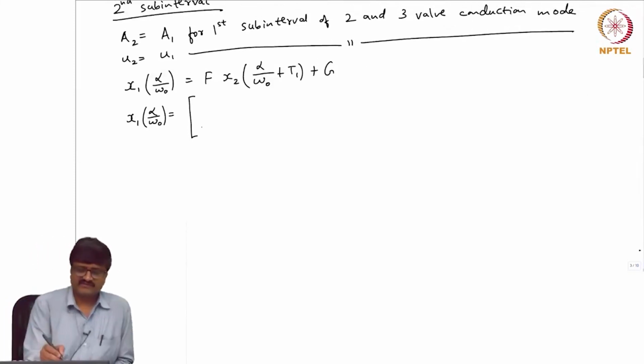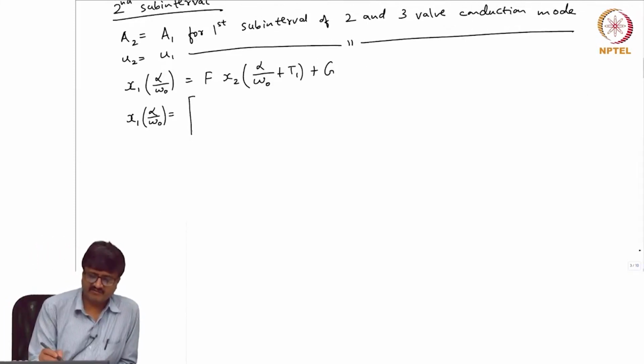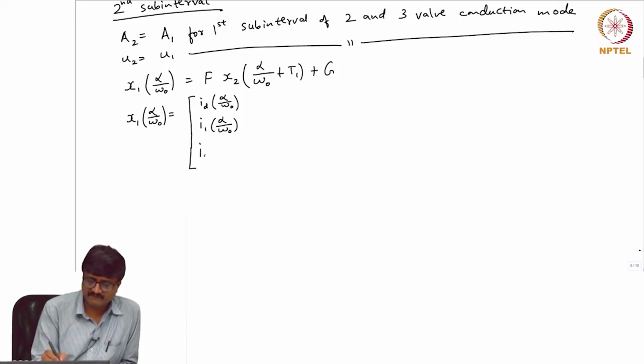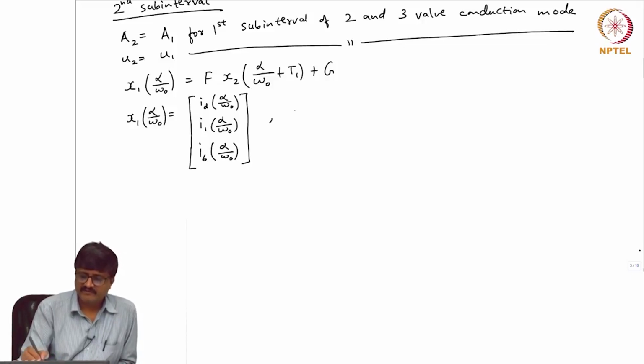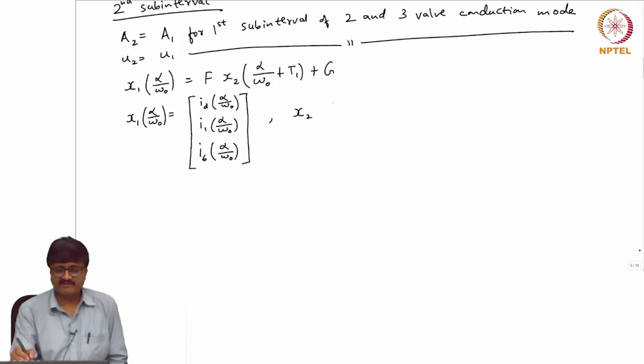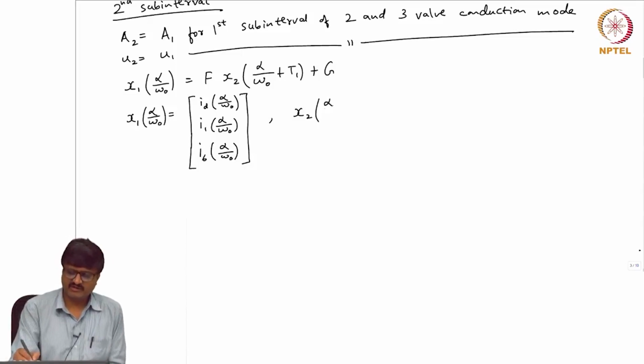So, it is ID at alpha by omega O, I1 at alpha by omega O, and I6 at alpha by omega O. And the first term on the right hand side is x2 at alpha by omega O plus T1.